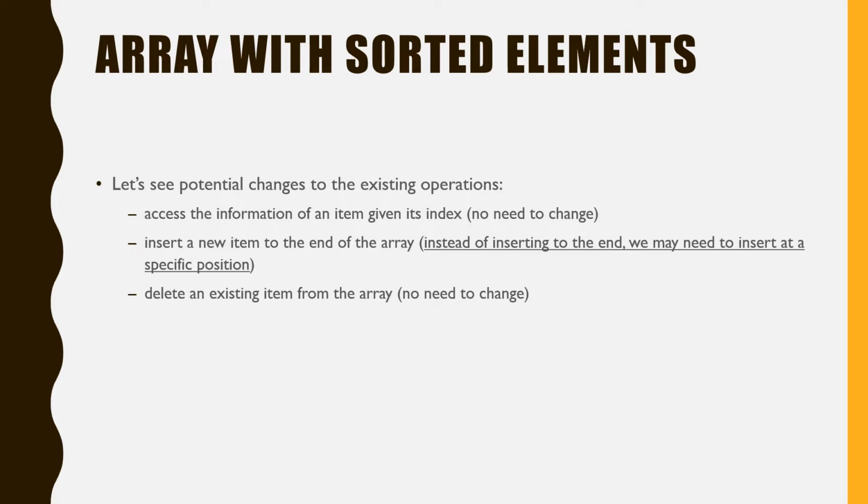This is because we need to make sure that the new data element is inserted into a proper position if we want to keep the data sorted after the insertion. In other words, instead of inserting the new data element at the end of the array, we may need to insert it into an arbitrary location of the array. The last operation that deletes a data element should stay the same, as deleting elements will not alter the relative orders of the remaining elements.